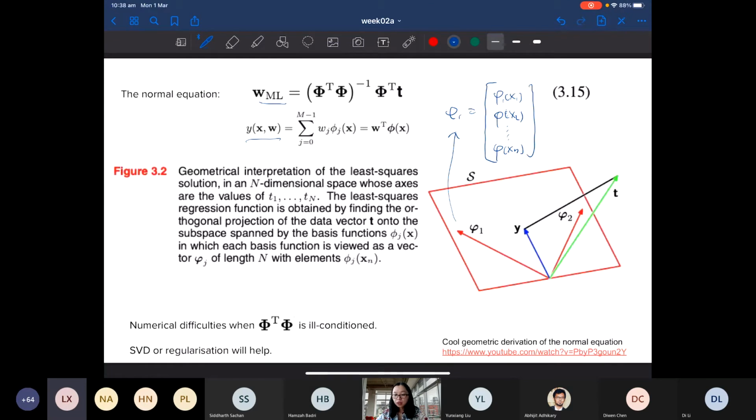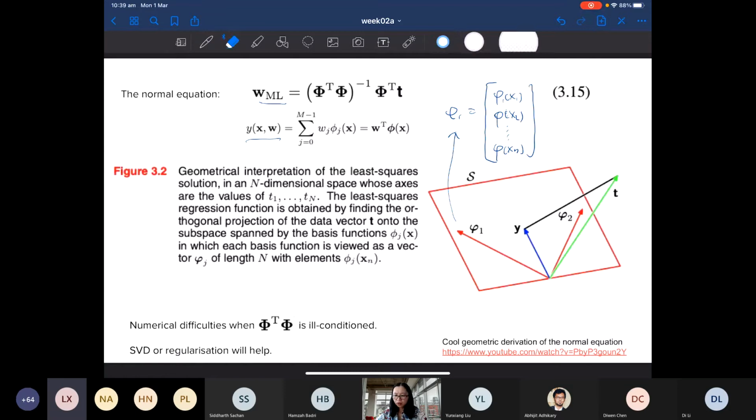And the vector t, the target, is actually unconstrained in this space. If we project t down to the space spanned by these feature vectors, then y is the projection.